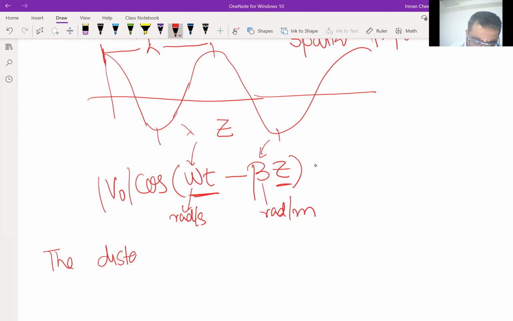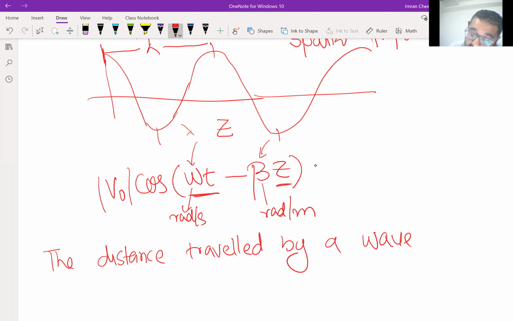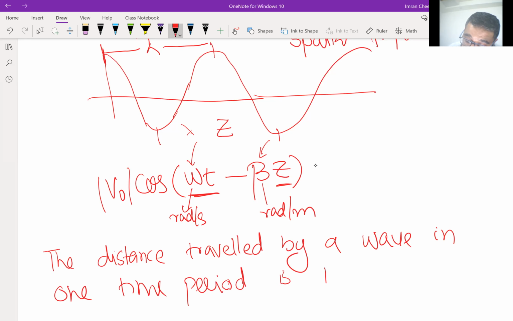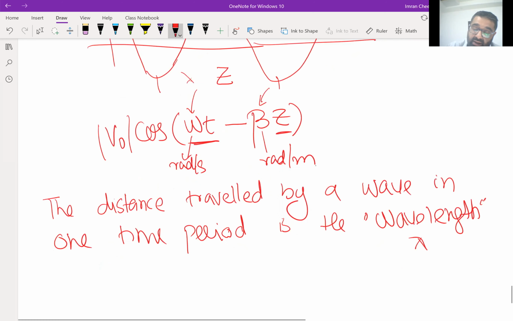I know many of you in earlier classes forget: the distance traveled by a wave in one time period is the wavelength. You must not forget this. This is the fundamental stuff.